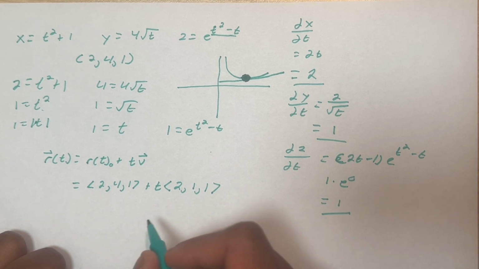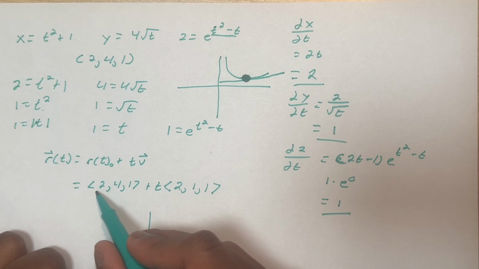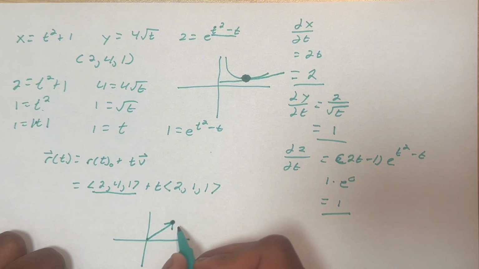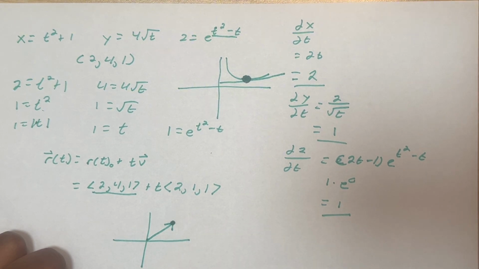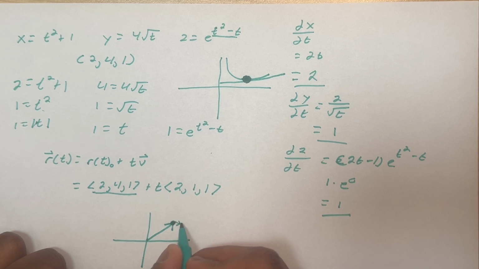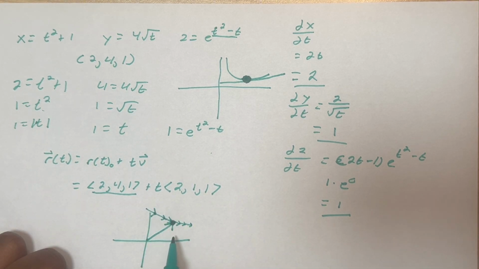So this means that the first component, the initial one, is whatever vector points somewhere. And then we have a direction vector that points in another direction, but it's scaled by t, and it's supposed to be a straight line.